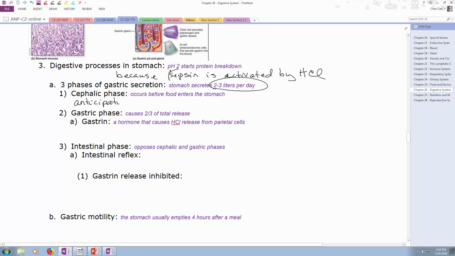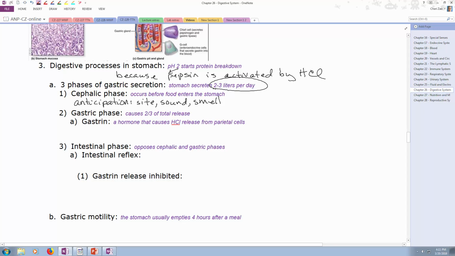Sight, sound, smell, and anything else, touch, whatever. All of those are considered part of that cephalic phase. So we're going to get some gastric juices being released into the lumen of our stomach is what this is telling you before food has ever arrived there.